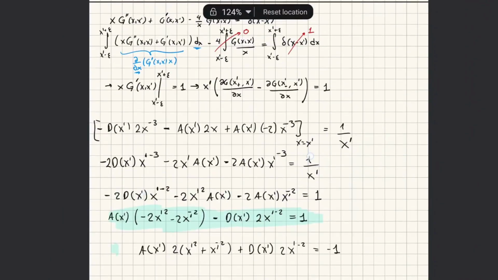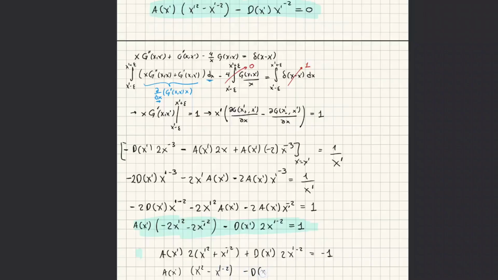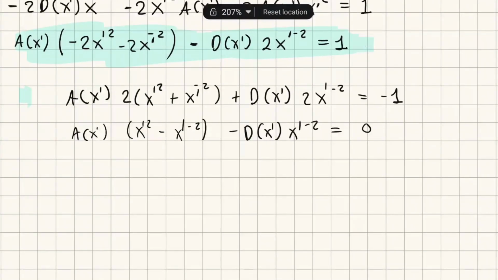Okay, and let me bring back the other equation that we found, which was a of x prime times x prime squared minus x prime to the negative 2 minus d of x prime to the negative 2 equals to 0. Okay, so this is the system of equations that we need to solve.